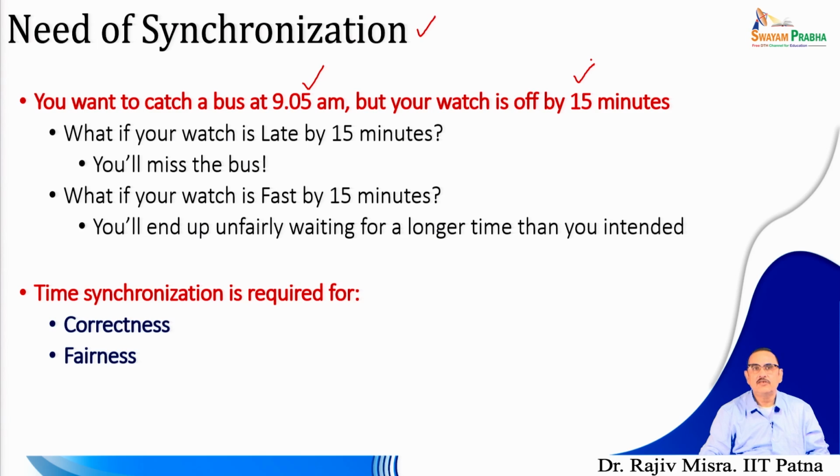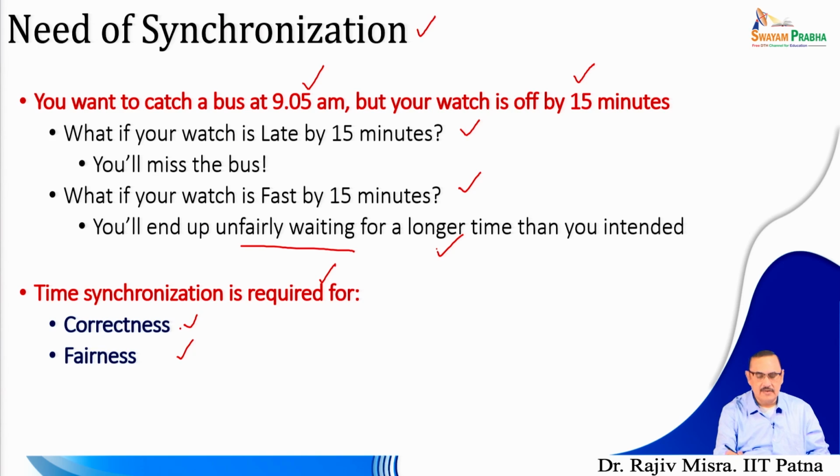What if the watch is late by 15 minutes? Then you will miss the bus. What if your watch is fast by 15 minutes? You will end up unfairly waiting for a longer time than you intended. Therefore, the clock synchronization is very much needed to ensure the correctness and the fairness.